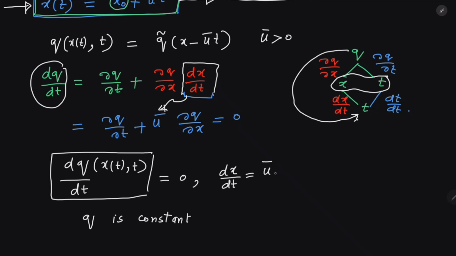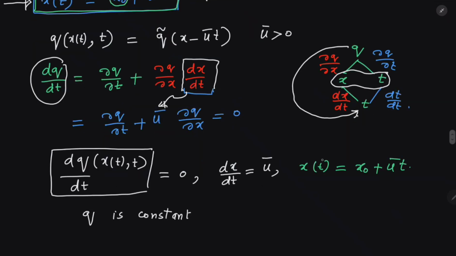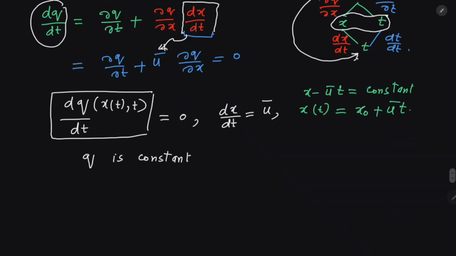And it is also zero since we also assumed that x of t is equal to x naught plus u bar t, which was actually coming from x minus u bar t is equal to constant. I hope you got the point. With some thinking, you can completely understand all these logics.